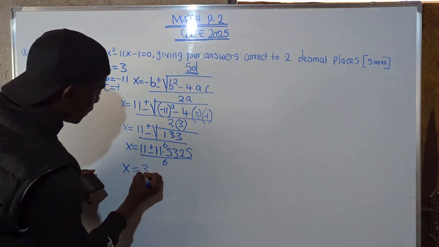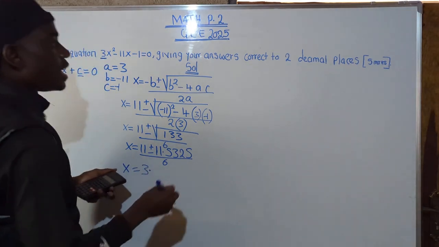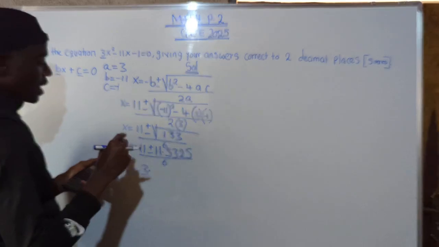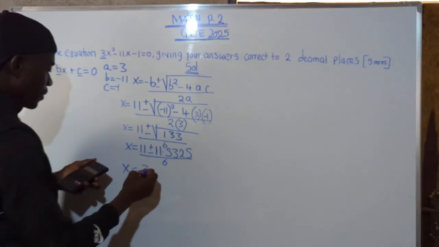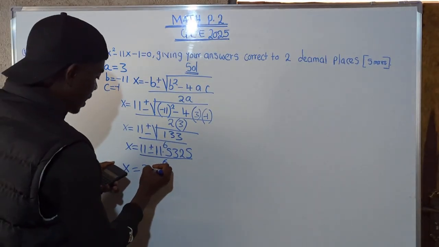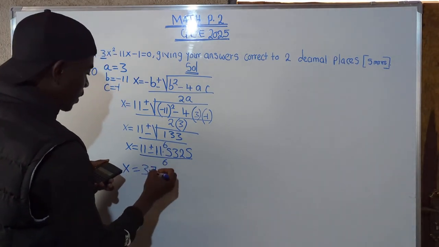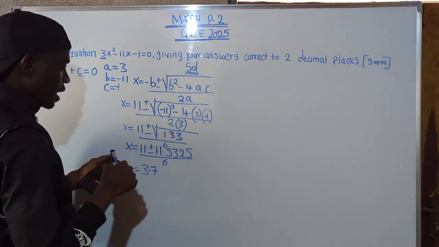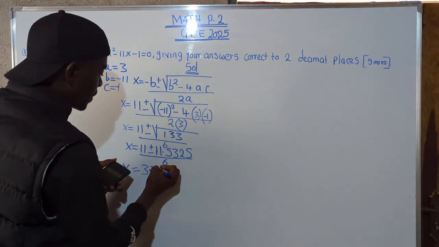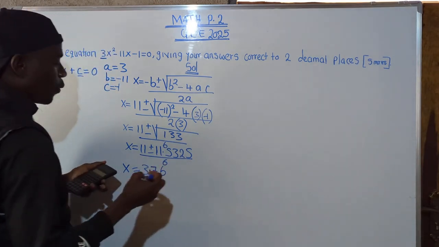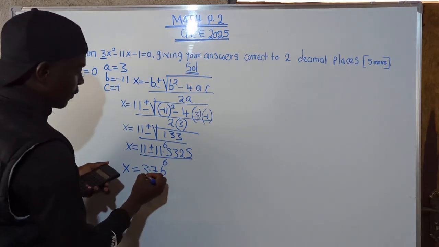This is going to be 3 point. Now the question is saying correct to 2 decimal places. So 2 decimal places. So this is the first decimal. The second one is going to be, okay, so since it's 755, I will say 76, rounded off the next value.